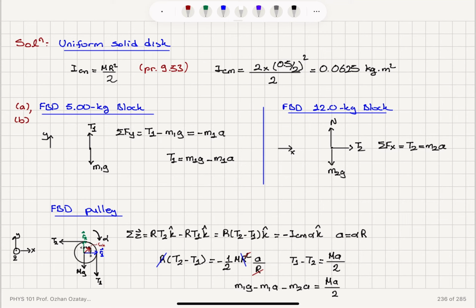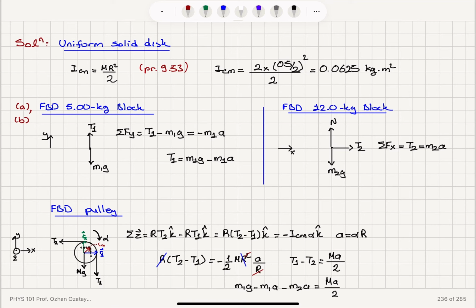So using my right hand, if I curl my fingers towards alpha in the clockwise direction, my thumb points in minus K hat. So that is minus I center of mass alpha K hat. And the relationship between angular acceleration and tangential acceleration is A is equal to alpha times R. So that's the result I have here.